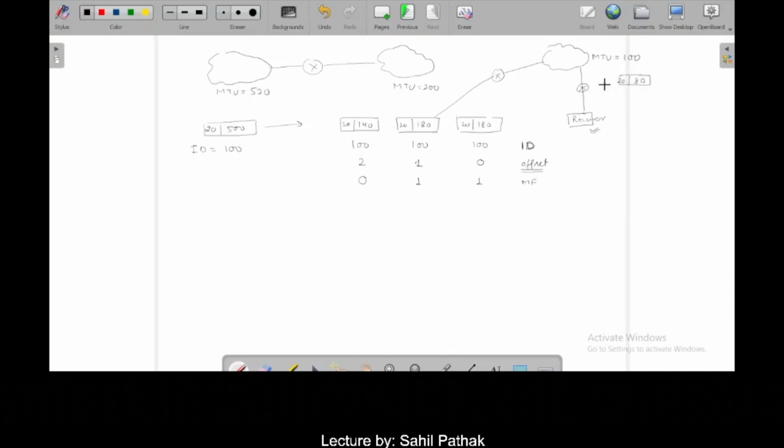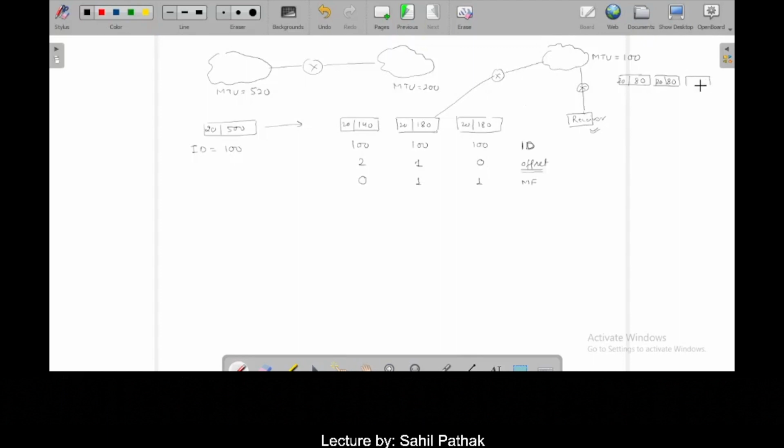And how much data are we left with? We are left with 100. So again one more, it would be 20 byte of header and 80 byte of data. So as of now we have received 80 plus 80, 160, and we are left with 20.